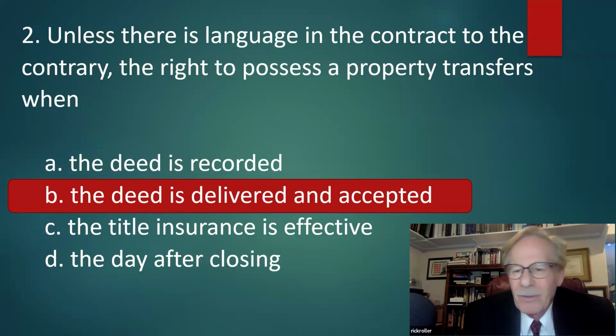But it's not when the title insurance is effective. That doesn't have anything to do with transferring title, or the day after closing. That doesn't have anything to do with it either. We define it in a contract, it's true. But of these four, if the deed is delivered and accepted, it doesn't have to be recorded. Is it stupid not to record? Probably. You ought to record it because that way it's there.